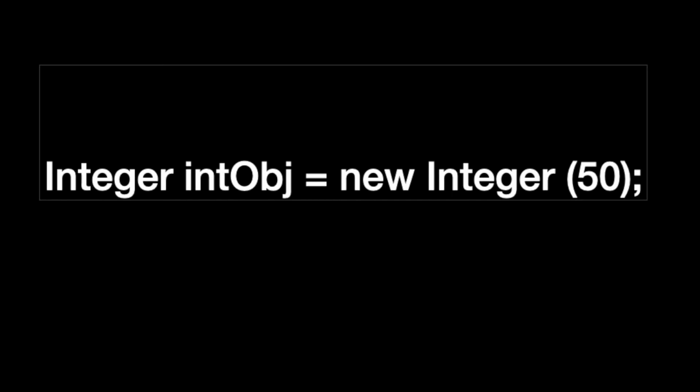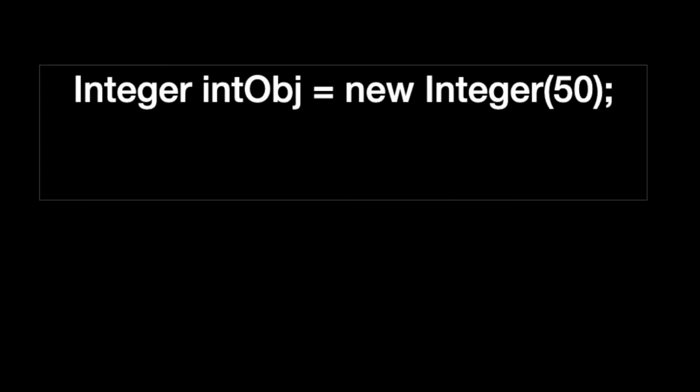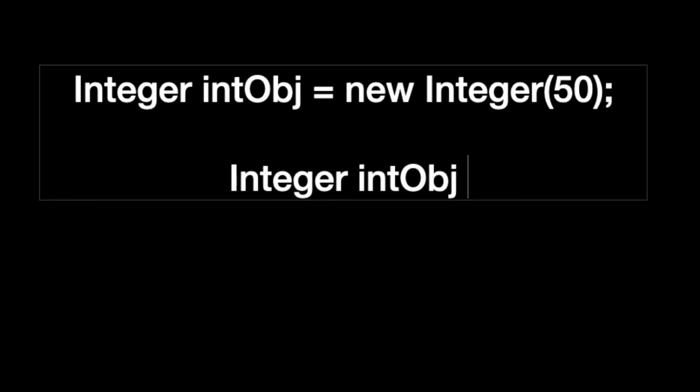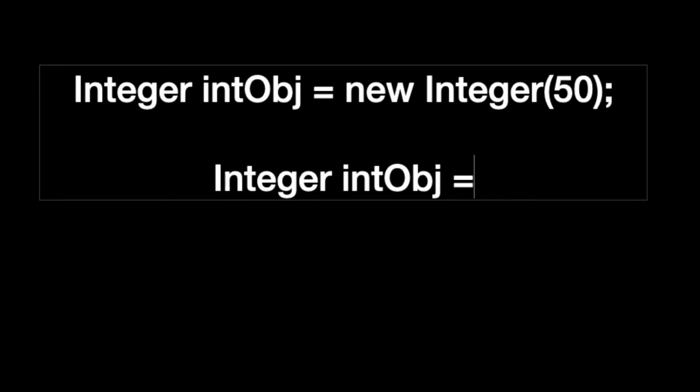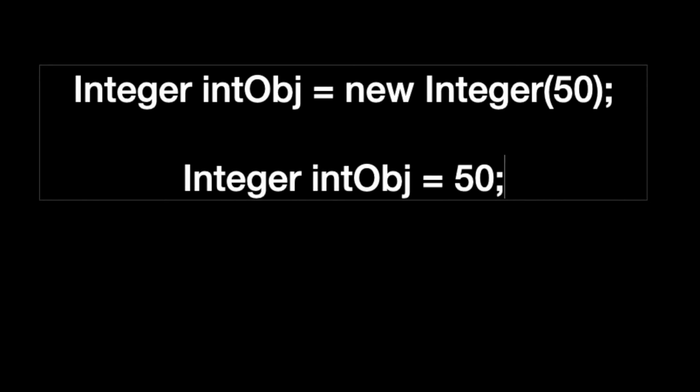Easy peasy. This statement can also be written as Integer intObj, and just instantiate it with the number 50. These two statements are pretty much the same. This process is known as autoboxing.